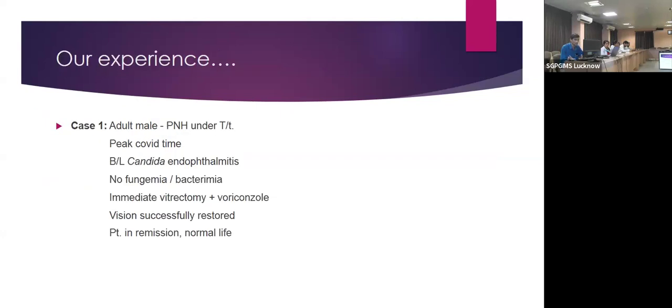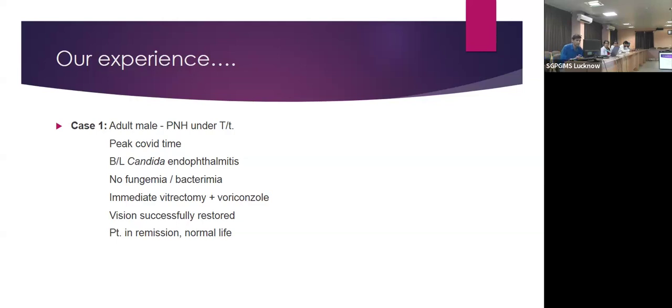Now the three cases. The first case was a PNH patient, not in remission but under treatment. We received this case at peak COVID time, so we could not image the patient. There are no fundus photographs, because in very difficult circumstances, with OTs, OPDs and hospitals closed and only the COVID hospital running, we were able to admit and operate on this patient.